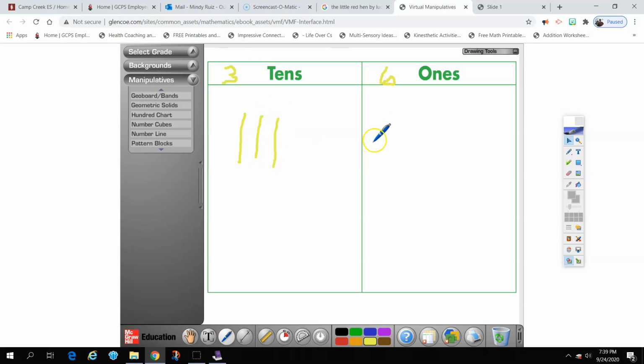Okay, your 10 should look like mine. Now, how many ones do we need? 6. Go ahead and draw your 6 ones. All right, does your board look like mine? That's how we draw the number 36.